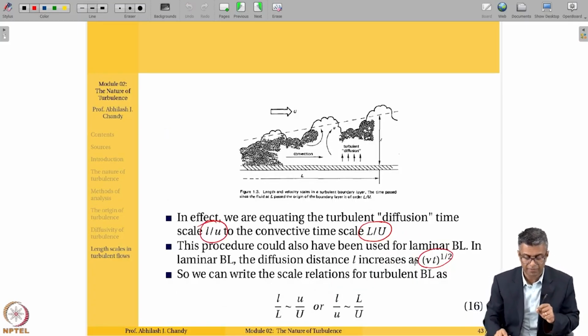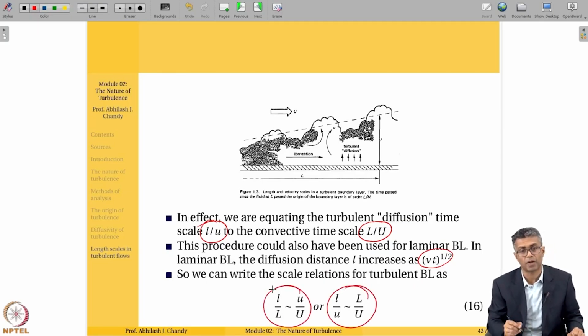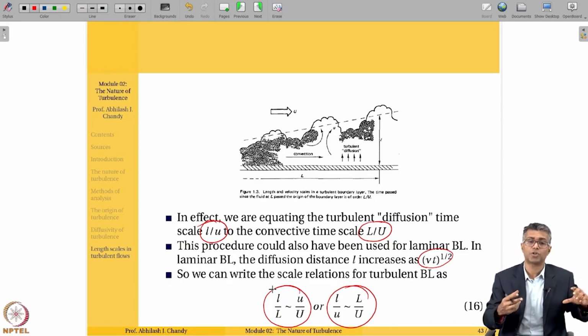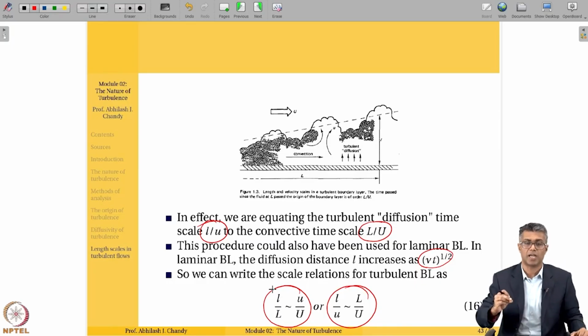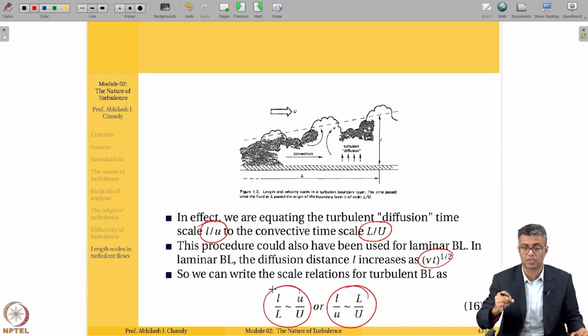Now, once we have that, we can write this time scale l over u as being of the same order of magnitude as capital L over capital U, or l over L is of the same order of magnitude as u over U. So the ratio of the diffusion to the convective length scale is similar to the ratio of the velocity scales, the velocity scales being the RMS velocity to the large scale velocity.